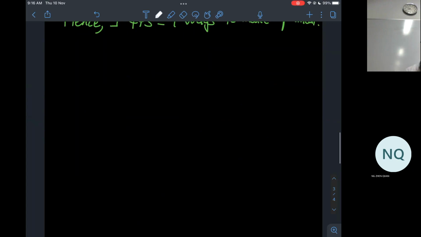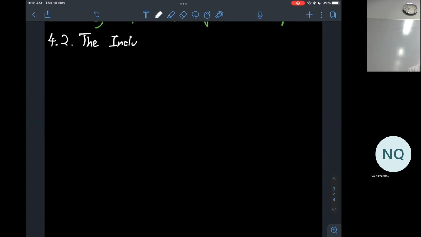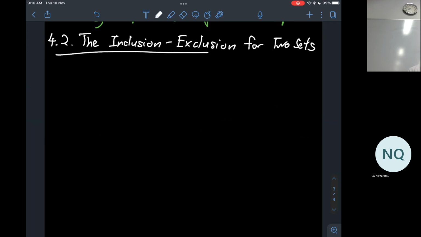Okay, keep going. Next, the inclusion-exclusion principle for two sets. This one we saw before.